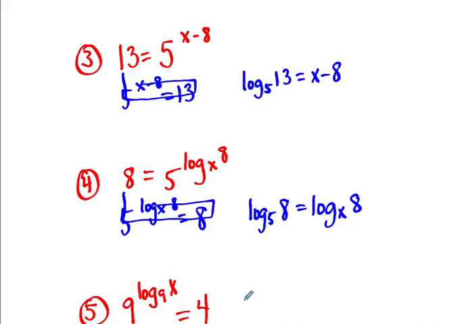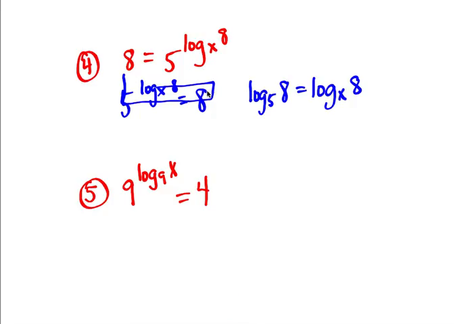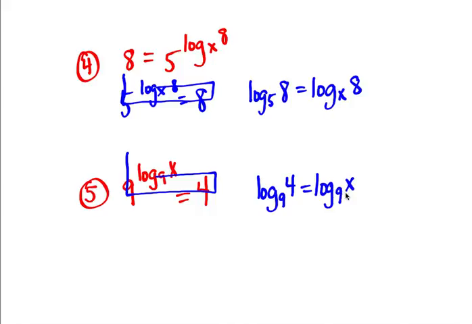Okay, and the last one in this example, you're going to have 9 raised to the log base 9 of x equals 4. So it is set up on the left side correctly, so start with here. Start with the log base 9 of 4 equals log base 9 of x.